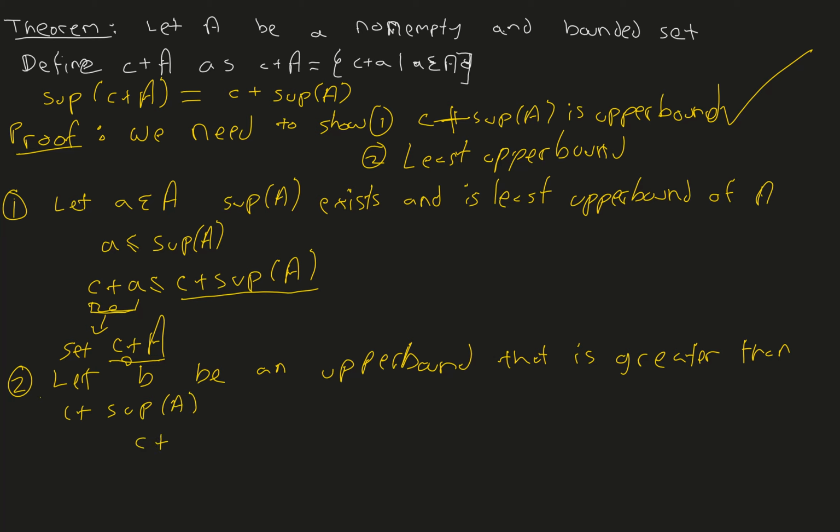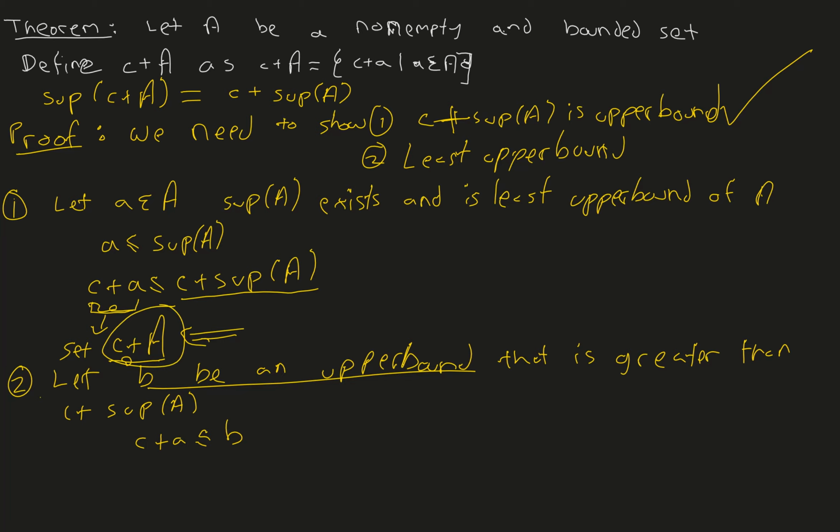Since B is an upper bound, B is an upper bound for the set C plus A. So therefore it's greater than or equal to all the elements in C plus A.